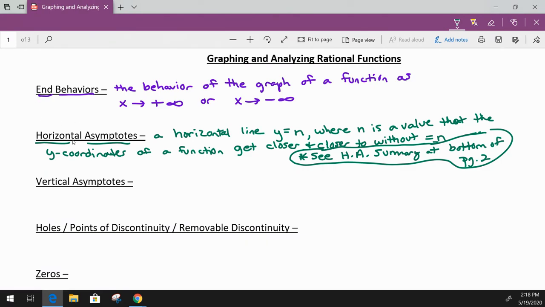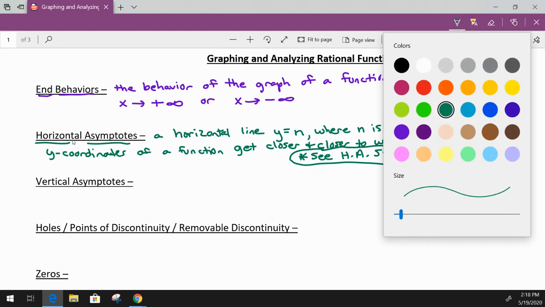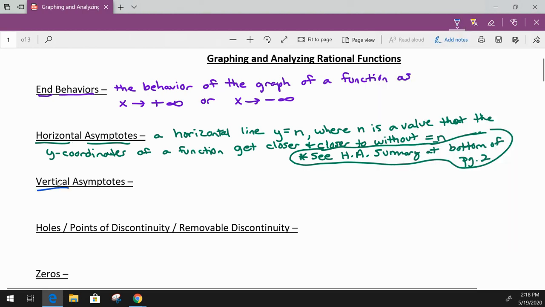Besides horizontal asymptotes, we also have vertical asymptotes. A vertical asymptote is a vertical line.